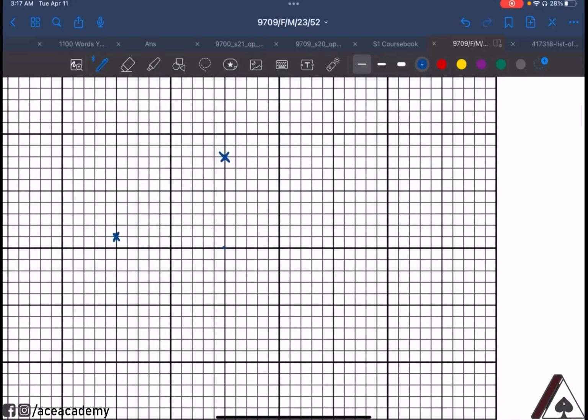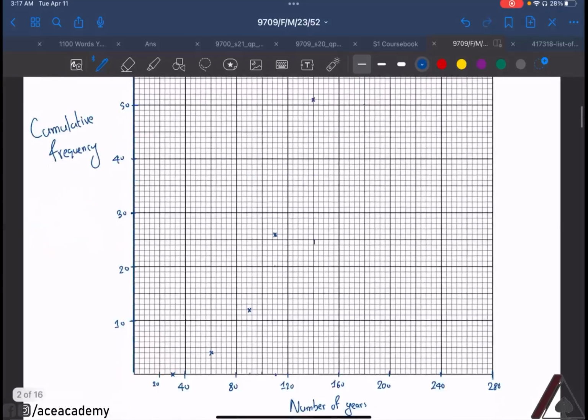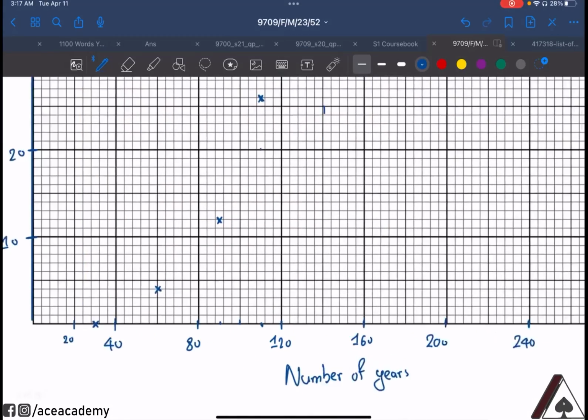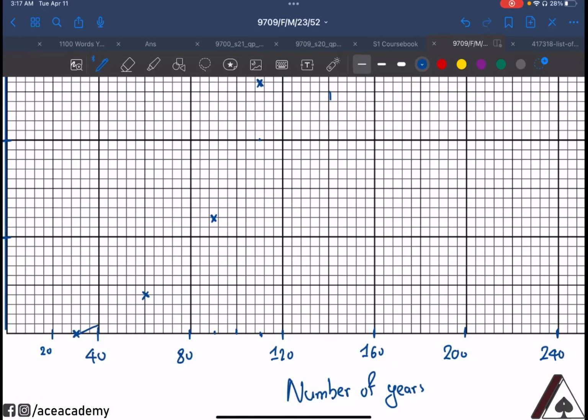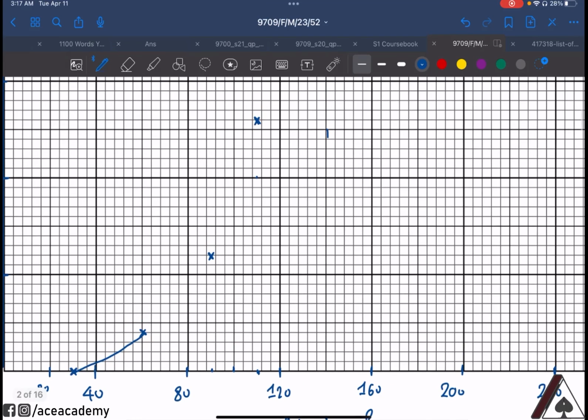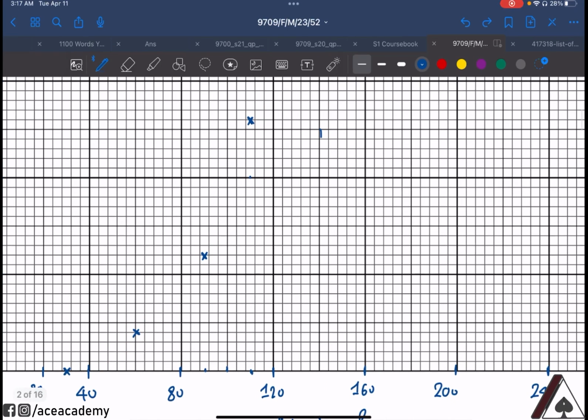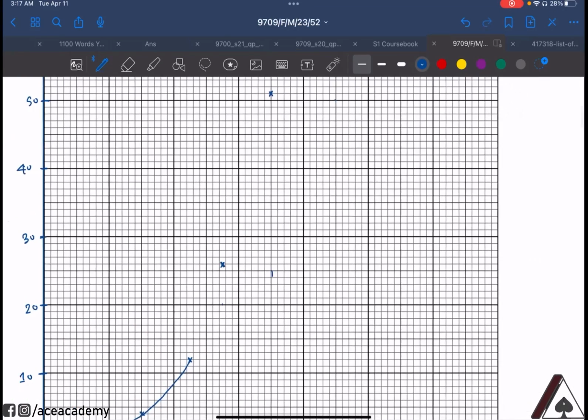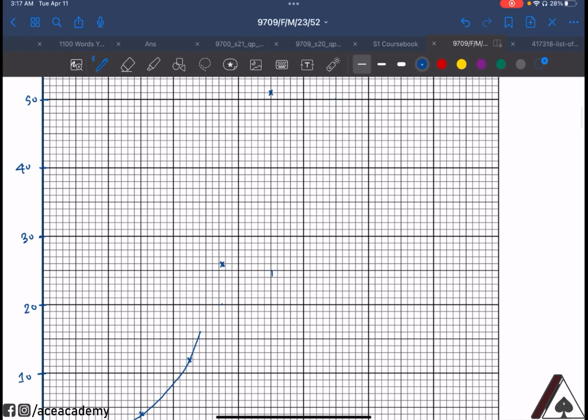240 and 60. We got a nice S-shaped curve, and we need to now join all of the points together. It's pretty hard to do it on a device, so bear with me, guys. All right, drawn the first few points successfully.